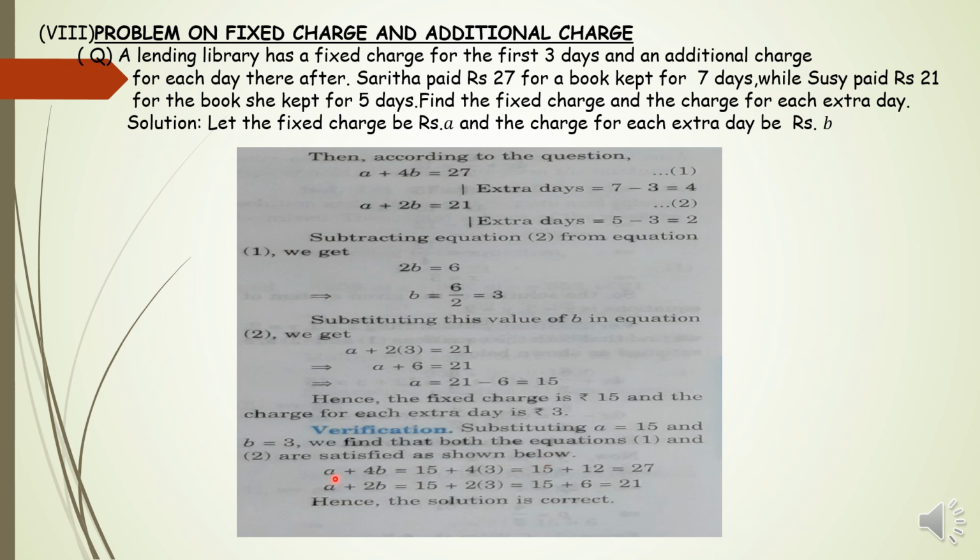A plus 4B is equal to 15 plus 4 into 3, that is 15 plus 12 is equal to 27. Yes. Then A plus 2B is equal to 15 plus 2 into 3 is equal to 15 plus 6 equal to 21. Hence the solution is correct.